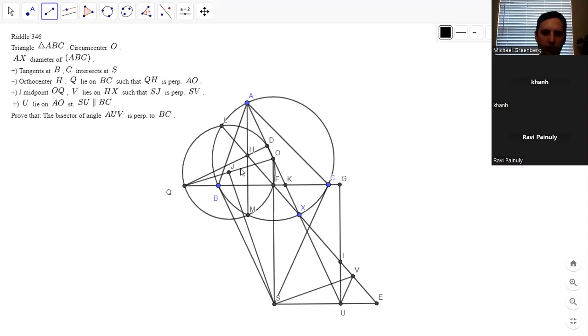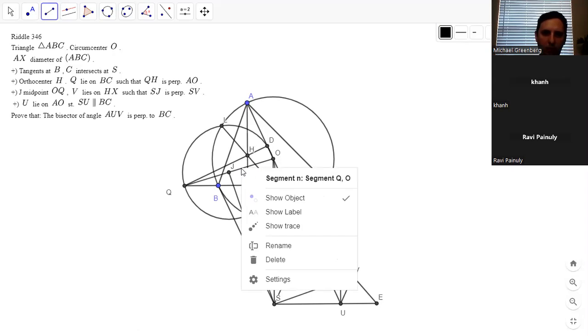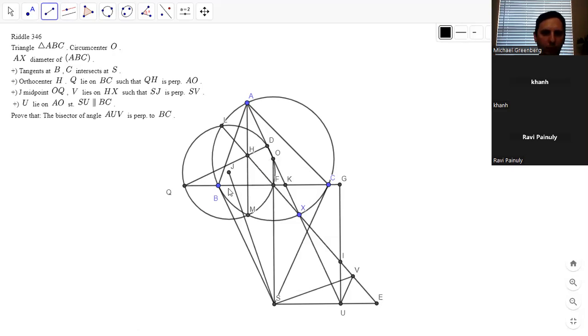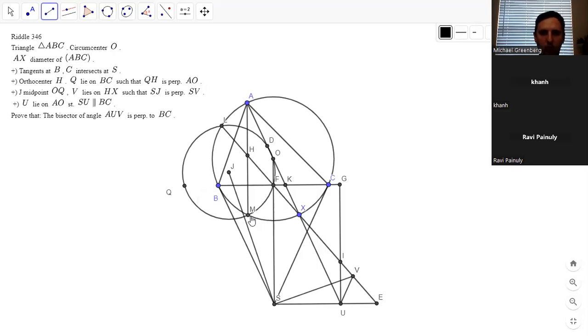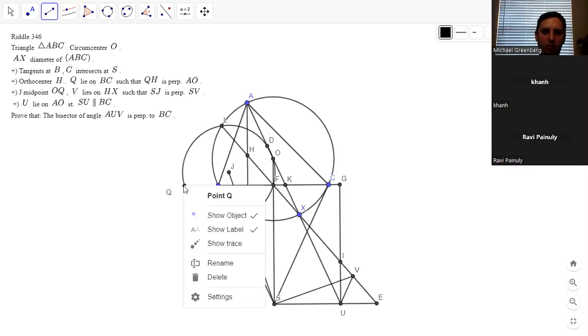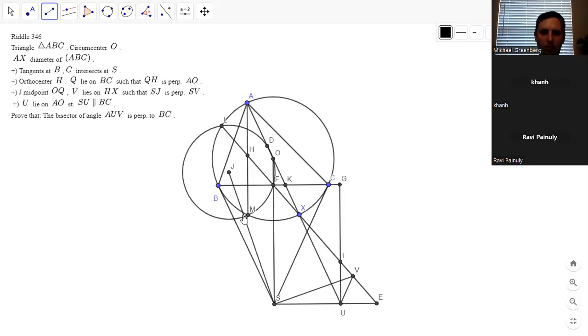It will be more familiar to us. Originally it was the midpoint of OQ, but we don't really need this. It's the circumcenter of MOL.